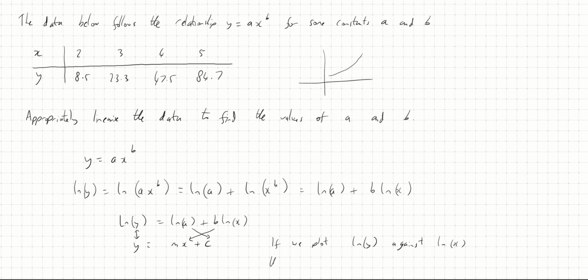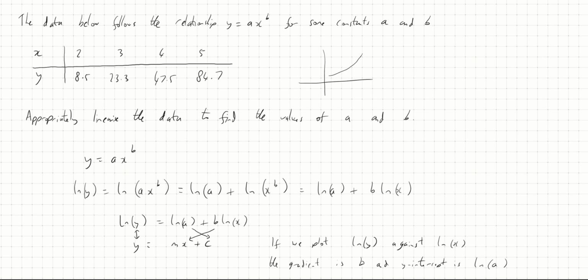So the gradient is b, and the y-intercept is the value of c. Well, that just corresponds with log a, which is just matching up the form.